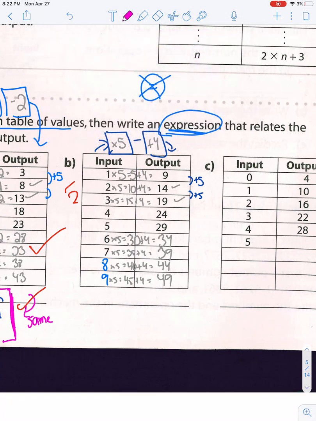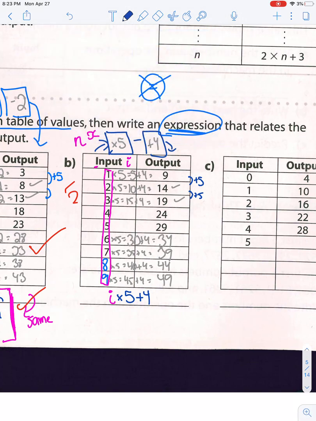So same deal. I'm going to call my variable I just to represent the I in input, but I could call it N, I could call it X, I could call it whatever I want to. My I, again, is any of these numbers here. So what have I done? I have done my variable, which is I, and then I'm multiplying it by 5 every time, and then I'm going to add 4.